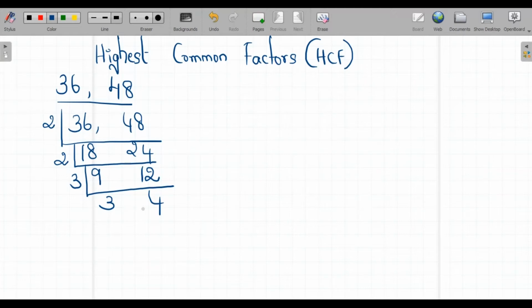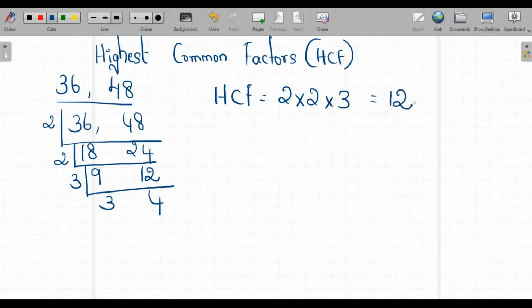Now, between 3 and 4, I will not be able to get any common divisor because 3 is a prime number and 4 is divisible by 2. Okay. So, here I will not be able to proceed further. I can stop here and say the HCF of these two numbers is 2 into 2 into 3, which is equal to 2 2s are 4, 4 3s are 12.